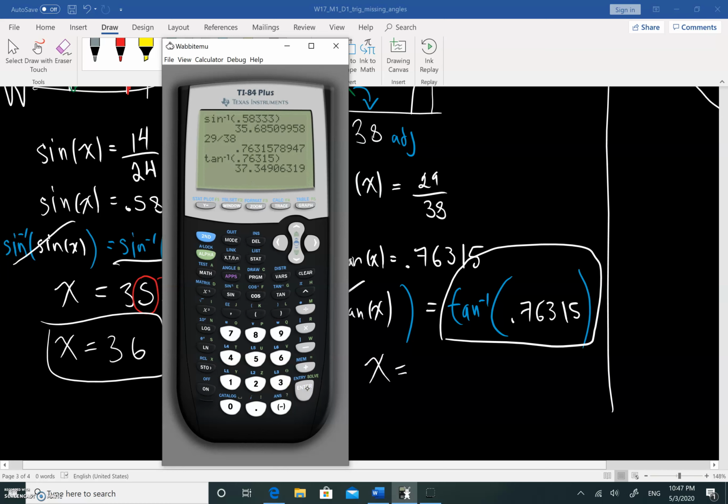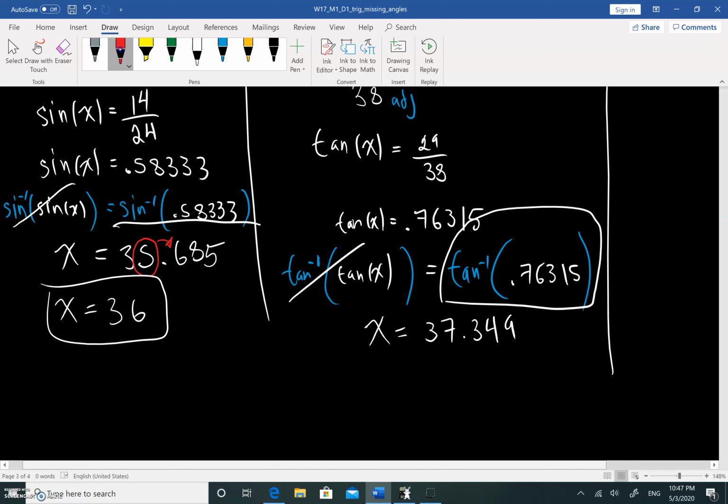I want it rounded to the nearest degree. So because I want it rounded to the nearest degree, I look at my 7. I look at the number next to it. That's a 3, so that's going to stay as a 37. So x is approximately, you can use the squiggly lines since it's an approximation, 37. Or you can use equal as well. In your classwork, they're going to use equal.